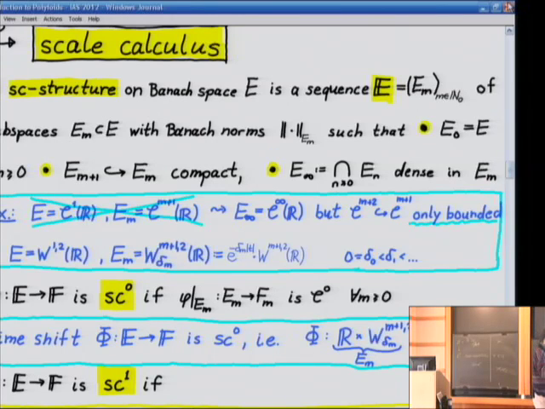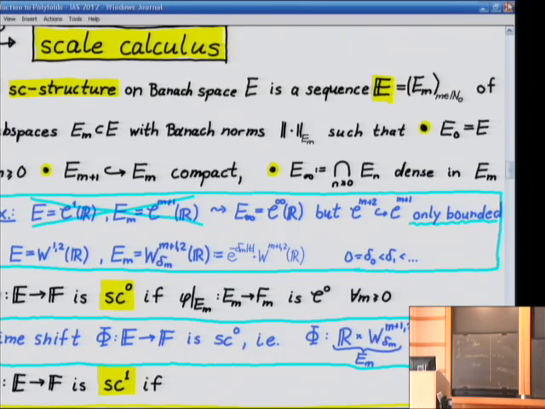Because an elliptic operator maps elliptically between Sobolev spaces, W2p to W1p, for example, the d-bar operator, but not just from 2 to 1, but from 3 to 2, and from k to k minus 1. And that is exactly what's going to happen here. So, functional analysis 2.0. Banach spaces are not good enough anymore. We need a scale structure on them.